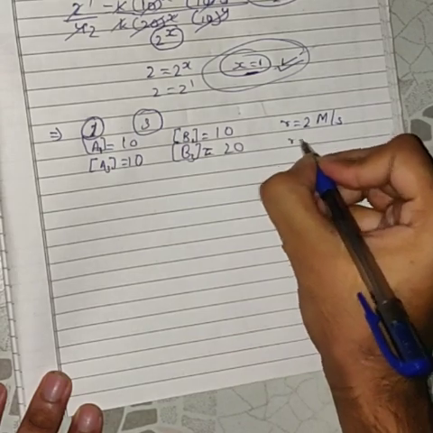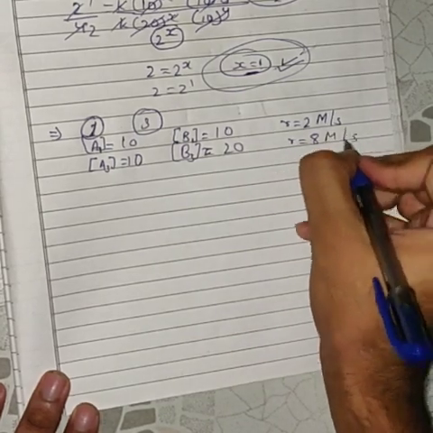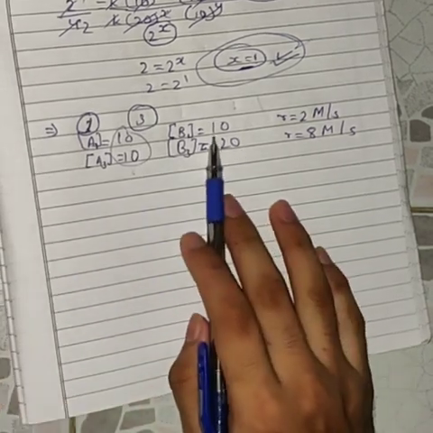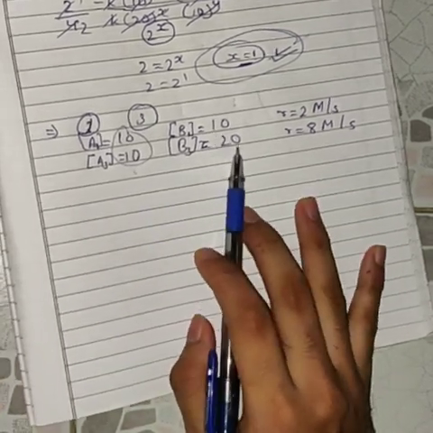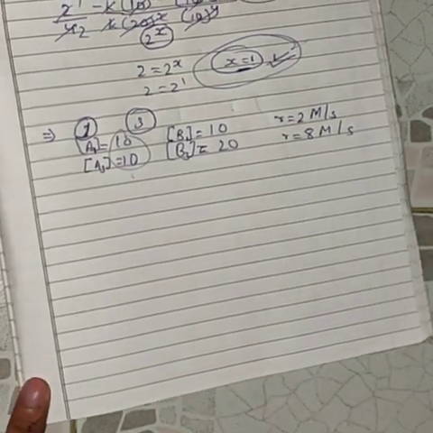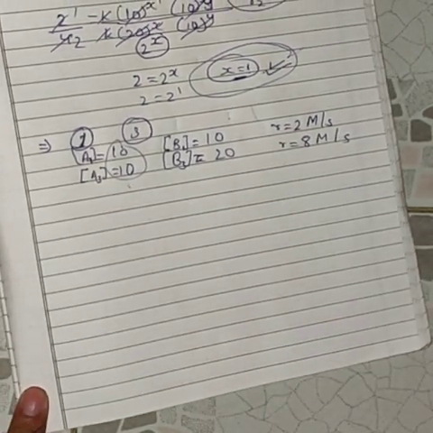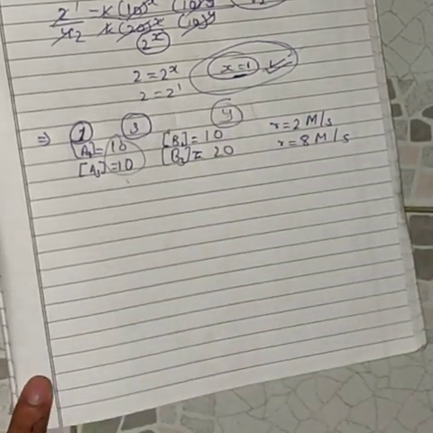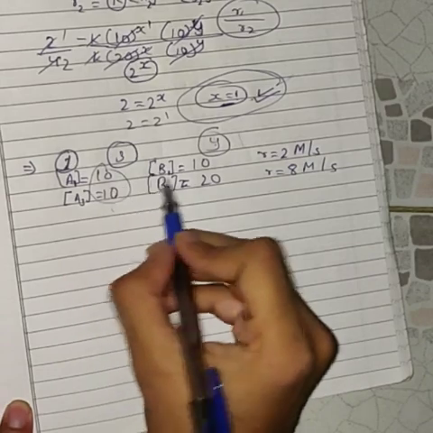Now if you see clearly here, the concentration of A remains constant, the concentration of B is double. Okay, and the rate becomes how many times, right?